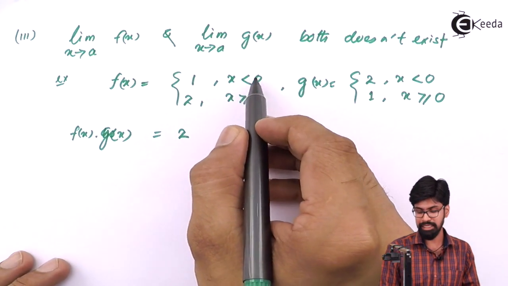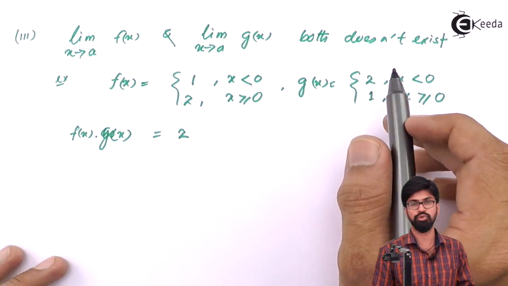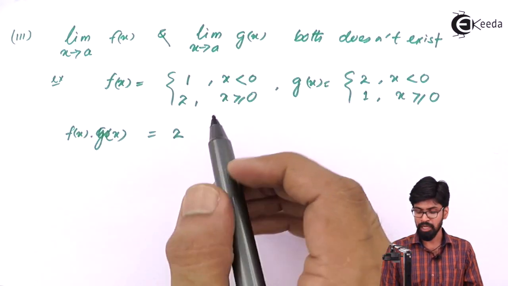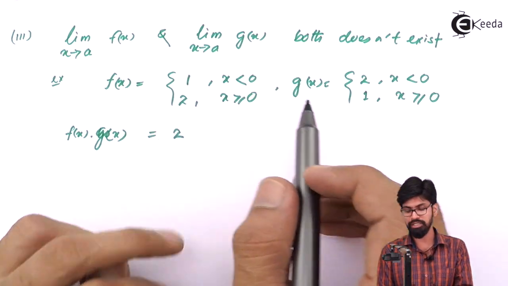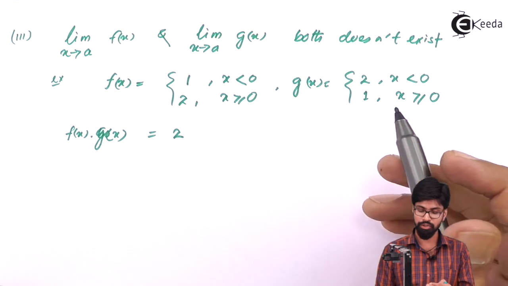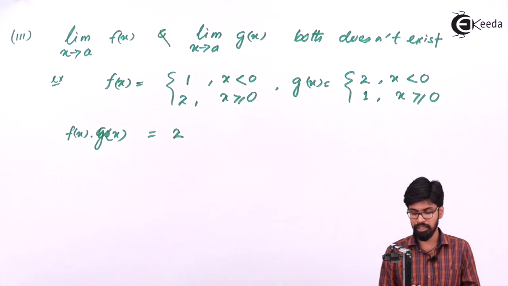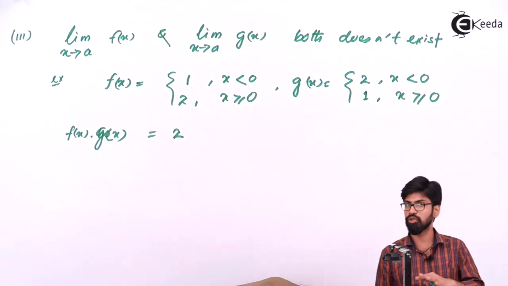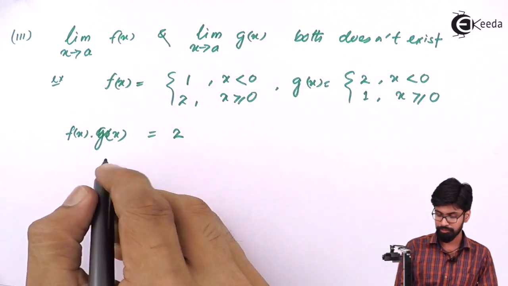Here consider when x less than 0, f of x is 1, and g of x equal to 2. So product of them will be 2. And in case of x greater than equal to 0, f of x equal to 2 and g of x equal to 1. In this case also, the product of them is equal to 2. So it doesn't matter whether we take x less than 0 or greater than equal to 0. In both the cases, f of x into g of x will be equal to 2.